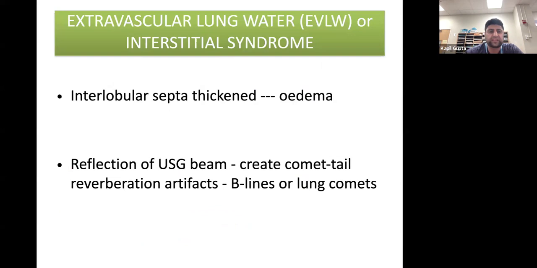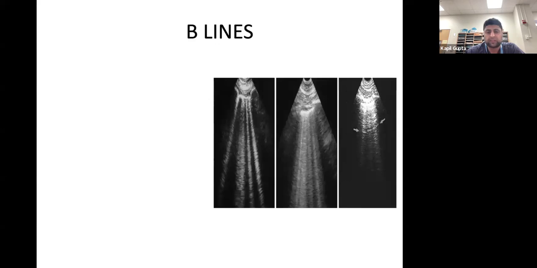So what happens when there is extravascular lung water, or what we call interstitial syndrome? The interlobular septa are thickened. There is edema. So the reflection of the ultrasound beam creates comet tail reverberation artifacts, which are known as B lines or lung comets. So this is what B lines look like.